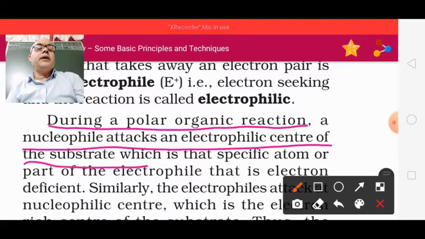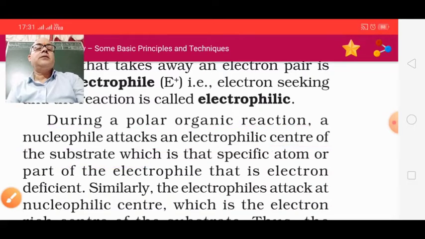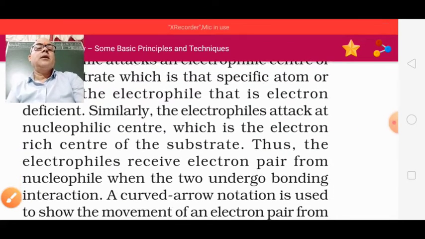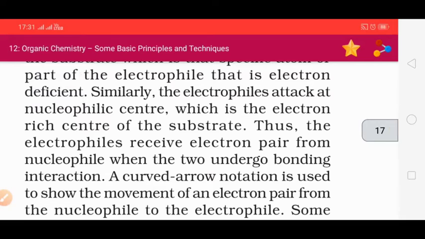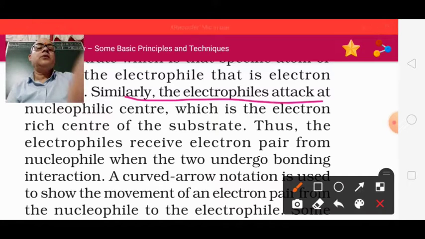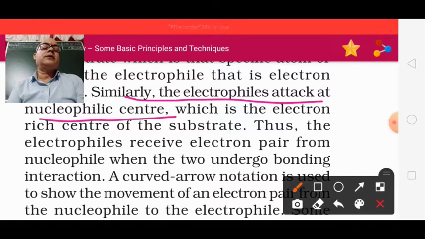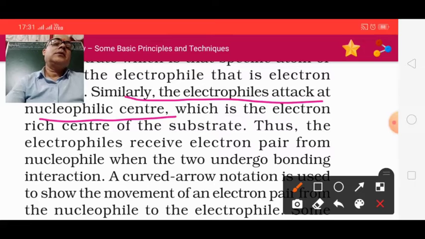Similarly, you can see that electrophiles attack at the nucleophilic center. Nucleophilic center means there is sufficient electron density, and as you know, electrophiles have very less electron, meaning all the positives are electrophiles and the negative elements or negative atoms are the what?